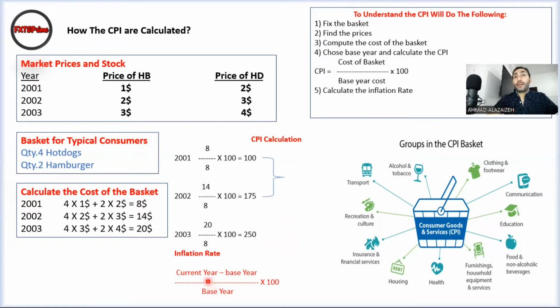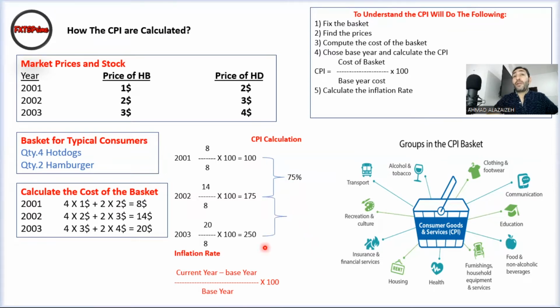The current year is 175, minus the base year 100, divided by the base year, which is 100, which gives me 75% inflation rate. So there is an inflation rate of 75% between 2001 and 2002.